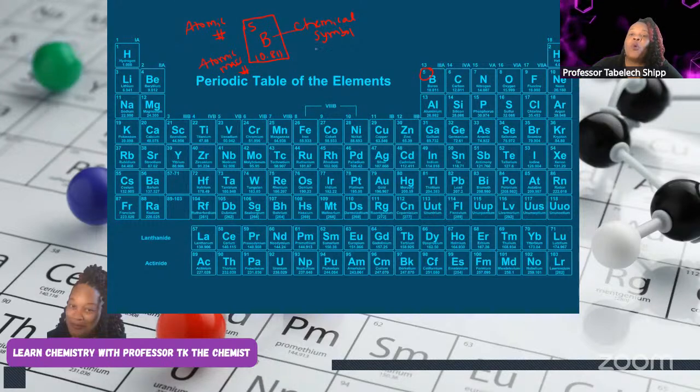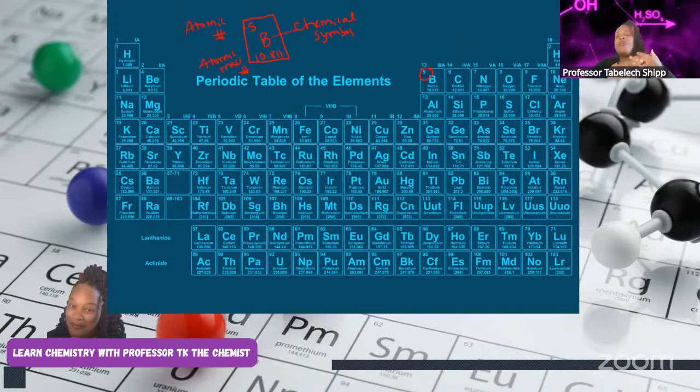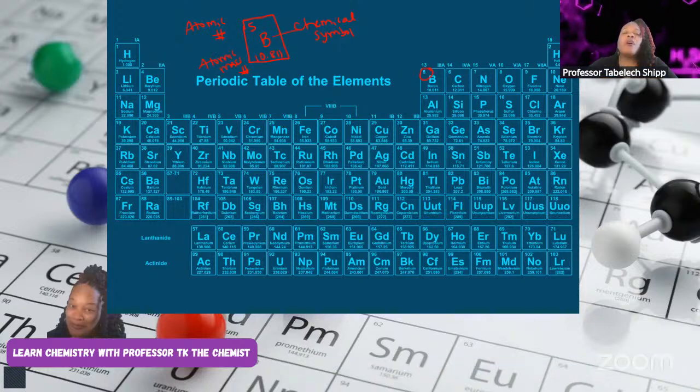Now, what you need to also keep in mind is that there are other numbers on this periodic table that we will dive a little deeper into later on as you work with me throughout this lesson. You're going to find out that each of the numbers represent either a group number, they also represent the atomic number, the periods of the elements, and they also tell you the ionic charge of these elements.